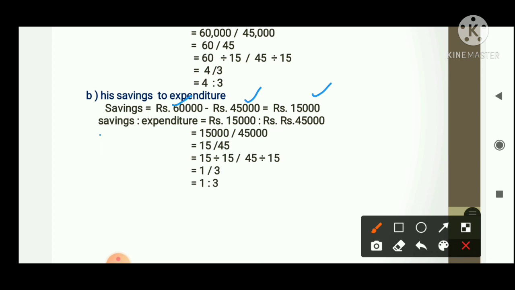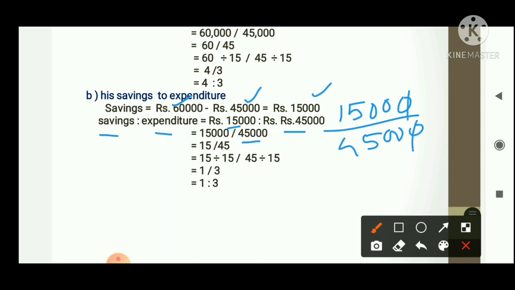So we find the ratio of saving to expenditure. Here saving is 15,000 rupees and expenditure is 45,000. So we express it as a fraction, 15,000 upon 45,000. Here the zeros cancel. So remain 15 upon 45.